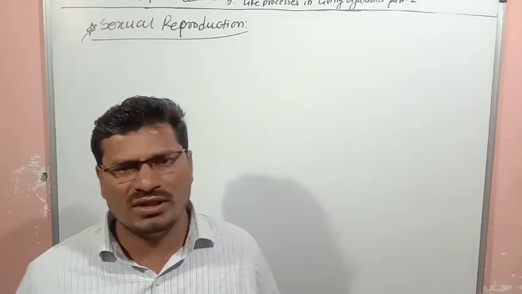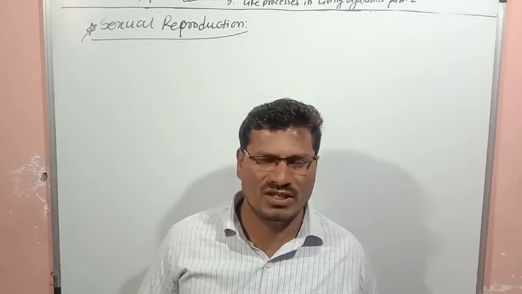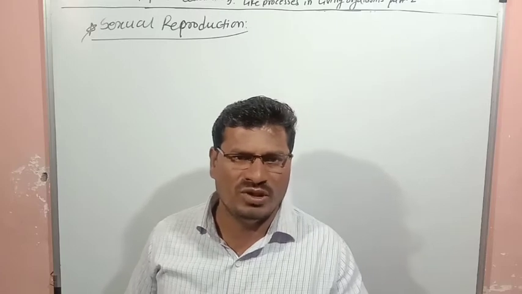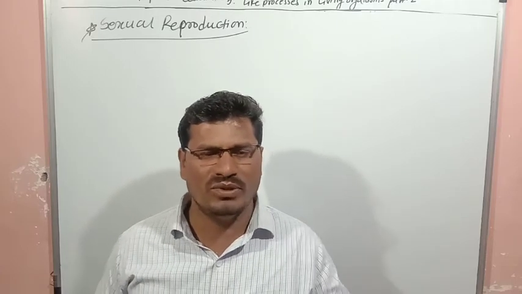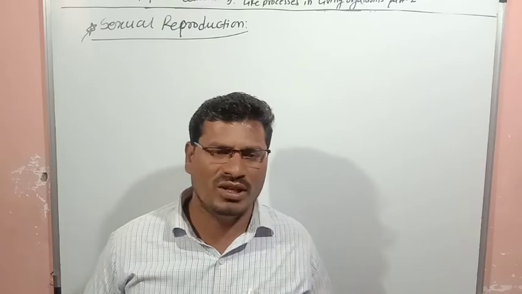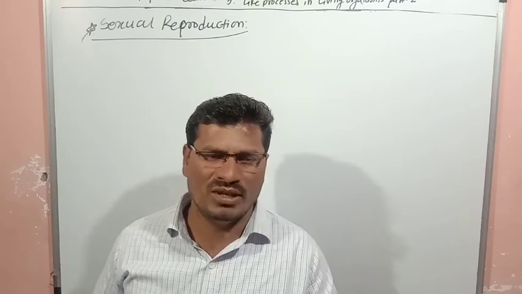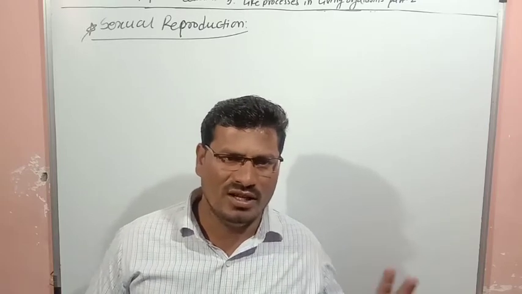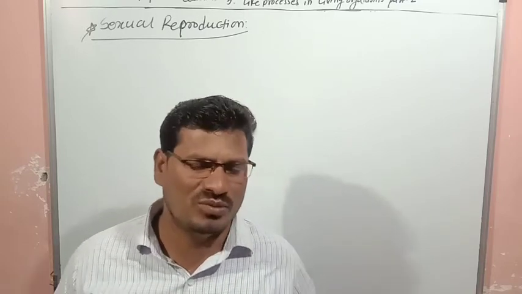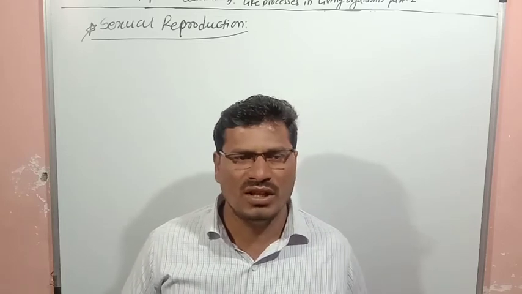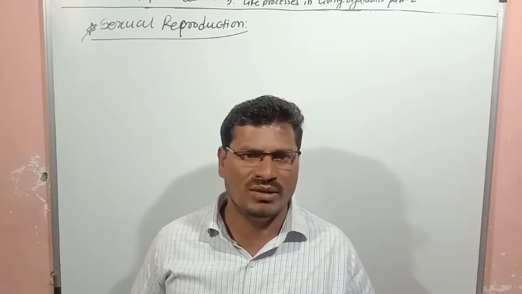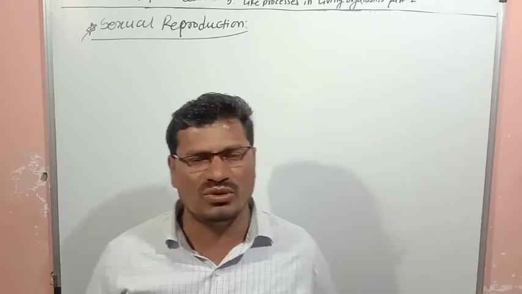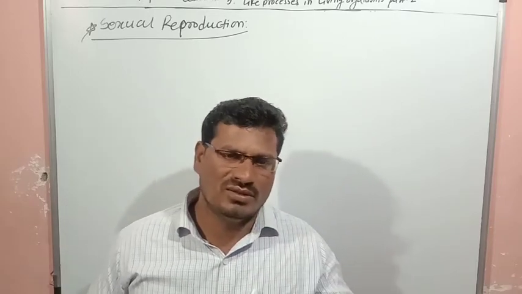The next point is fertilization. The second step is fertilization. When a male gamete fuses with a female gamete, zygote formation takes place. This union of the male gamete with the female gamete is called fertilization, and after fertilization it results in zygote formation. So the definition: the union or fusion of male gamete with female gamete and formation of zygote is called fertilization.